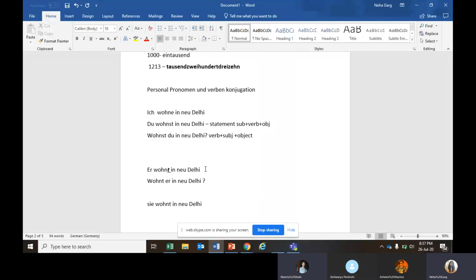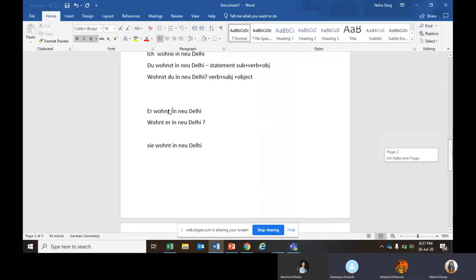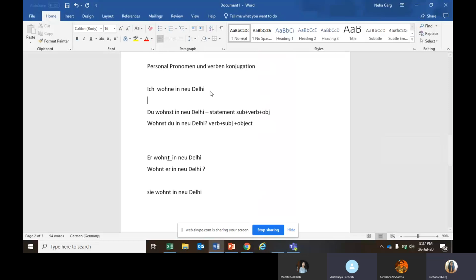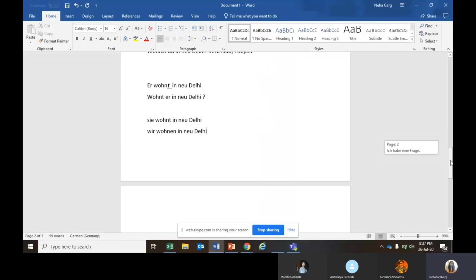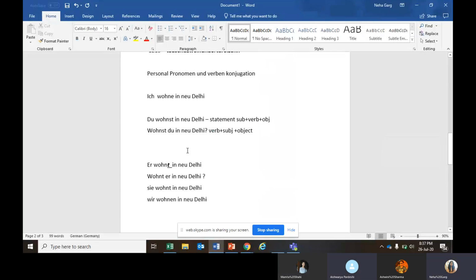In is the same as in English, right? Then, Sie wohnt in Neu Delhi. Wir wohnen in Neu Delhi. So this is a statement, right? Yes, because it's subject plus verb plus object.